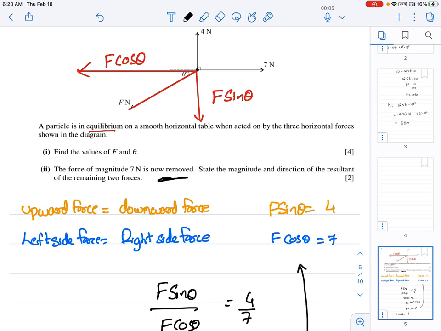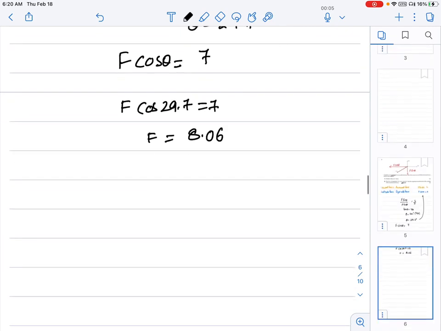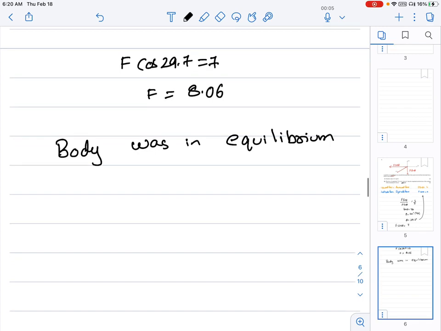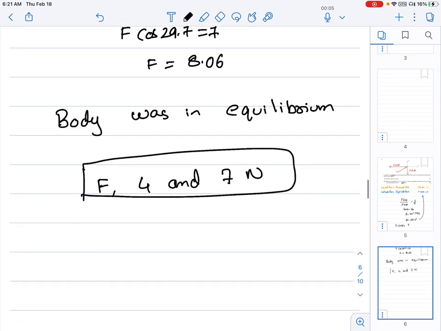Now, because we assume that the body was in equilibrium, because of F and 4 newtons and 7 newtons, all the three together, the body was in equilibrium.